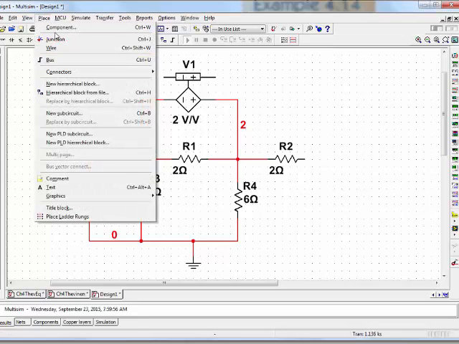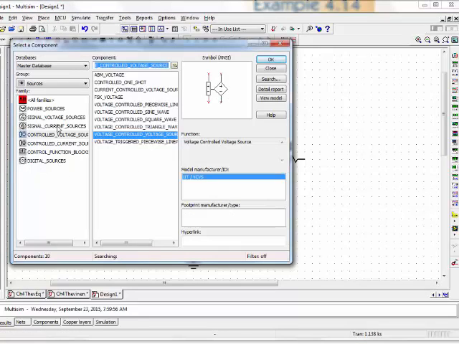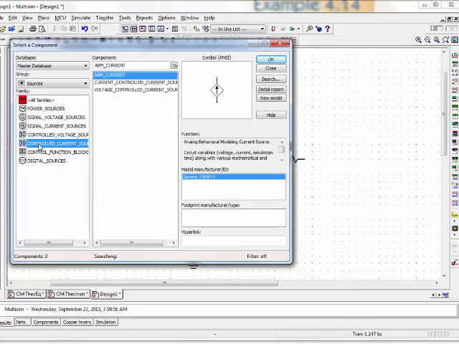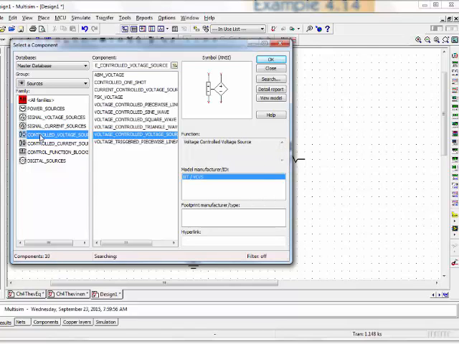So place component. It's in the sources, and it's in the controlled voltage sources. So if we had a controlled current source, it would be here. But it's in the controlled voltage sources, and then you come over here and you have a few more choices.